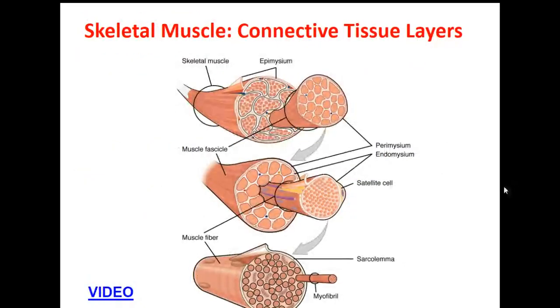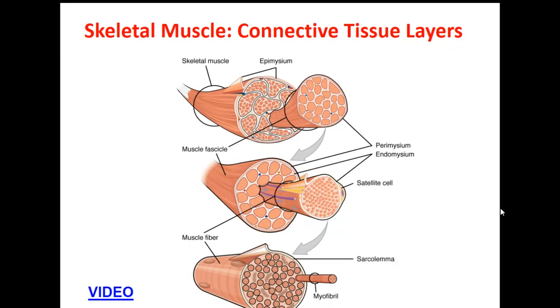Okay, so here's a diagram showing the structure of a muscle. Up at the top here, that's a whole muscle, so that could be the biceps muscle here in the front of the upper arm. And there's the tendon at the left end where it attaches to the bone. But within that muscle, there are these bundles of muscle fibers, muscle cells.